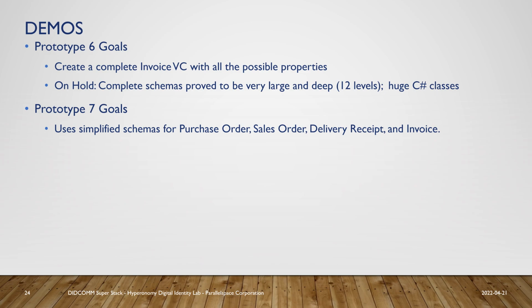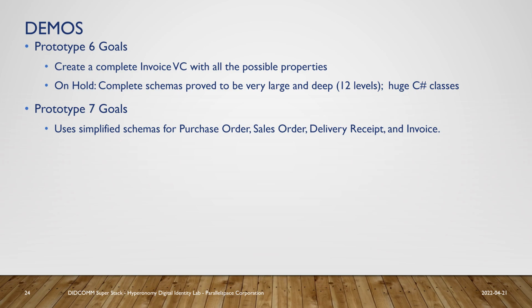Prototype 6 actually was a failure. The goal there was to create a complete UBL compliant invoice verifiable credential with all the possible properties. And it turns out that when you get deeply into the UBL specification, in this case we automated the processing of the XSD definitions for invoices, waybills, etc., and all the subtypes.